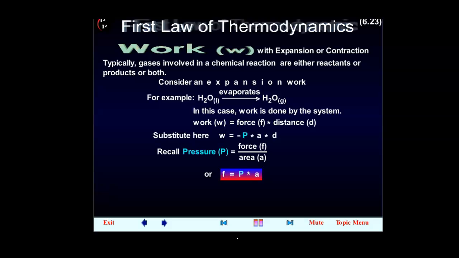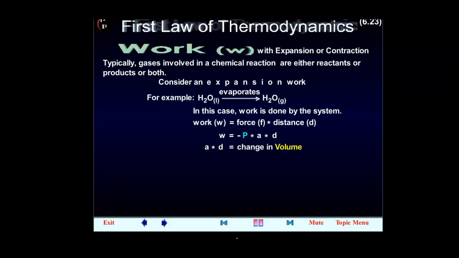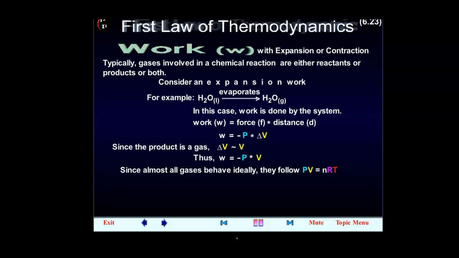W equals negative P times A times D. A times D equals change in volume, delta V. Delta V is almost close to V. Thus, W equals negative P times V. Since almost all gases behave ideally, they follow P times V equals N times R times T. Hence, W equals negative nRT.